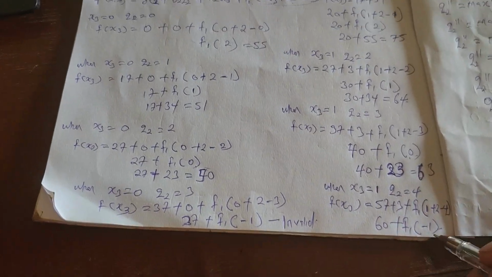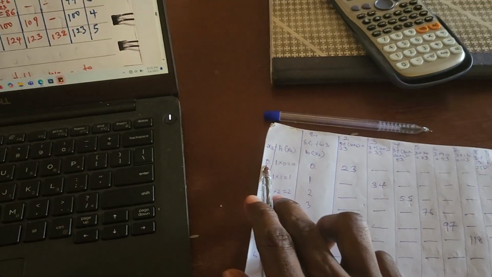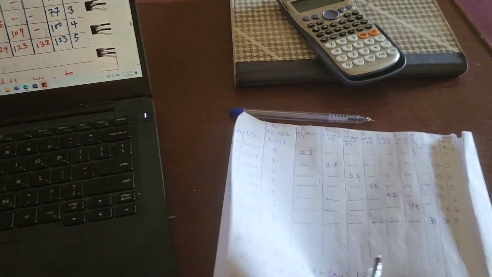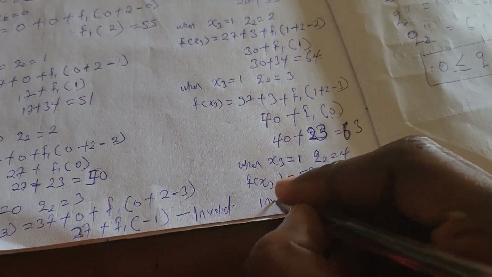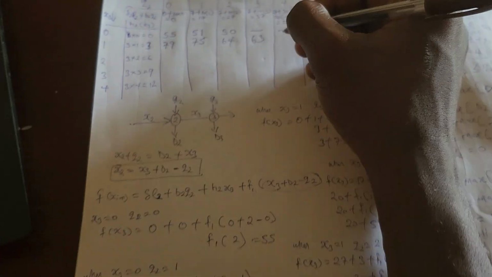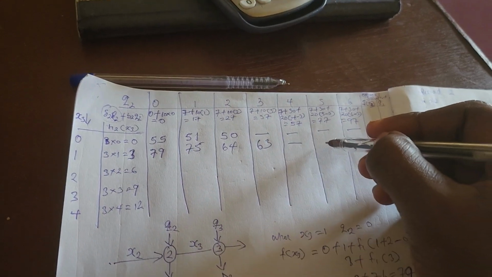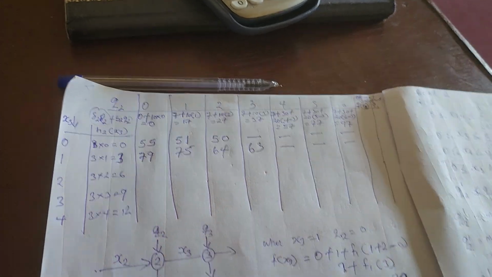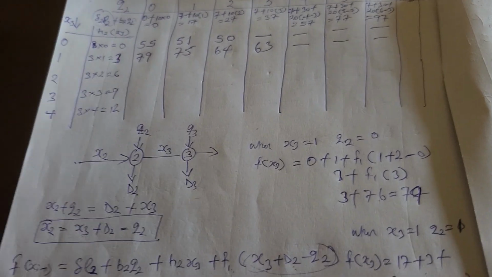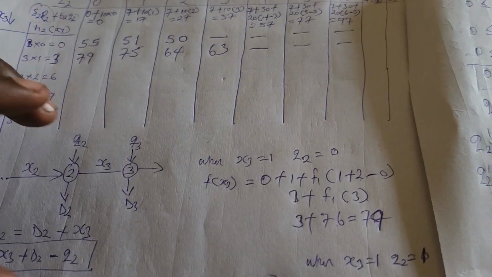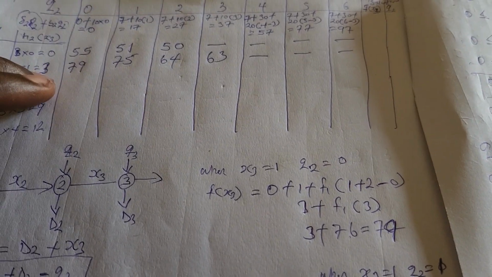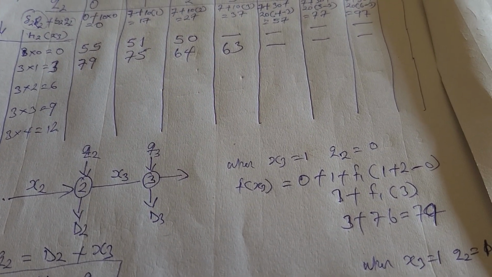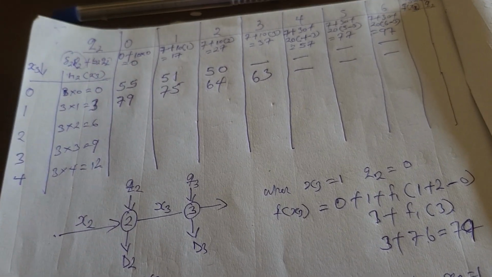When X2 is minus 1, do we have it here? We do not have it here. So the fact that we do not have it renders this invalid. If you perform the same operation for the other ones, you see they follow the same pattern. Because of our time, I won't be showing the calculation for these other parts. I will just assume you understand already. So I will just go to the next period, which is period 3.